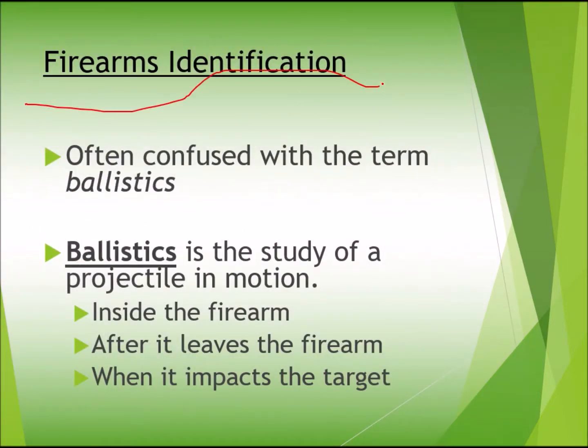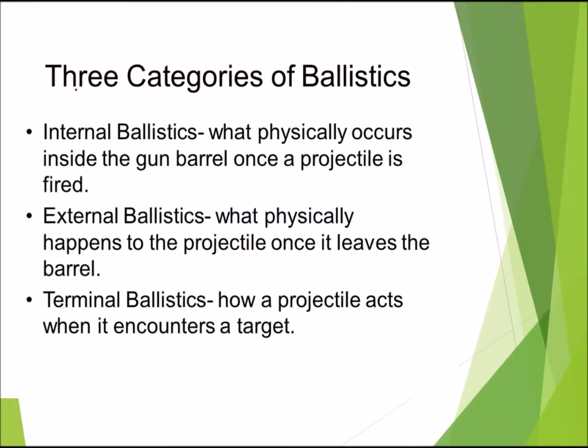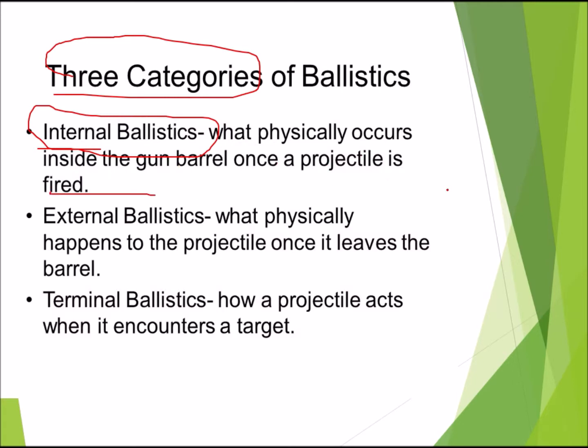Now, firearm identification is often confused with the term ballistics. Ballistics is divided into three categories. Internal ballistics is what physically occurs inside the gun barrel once a projectile is fired. So what is happening inside the gun barrel is internal ballistics.